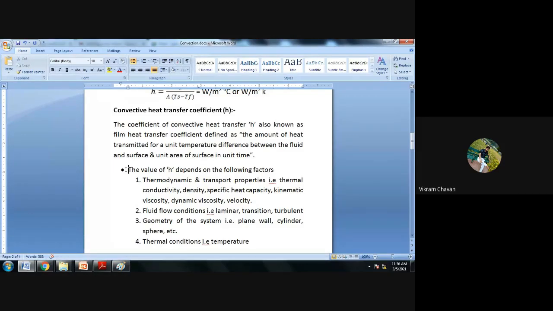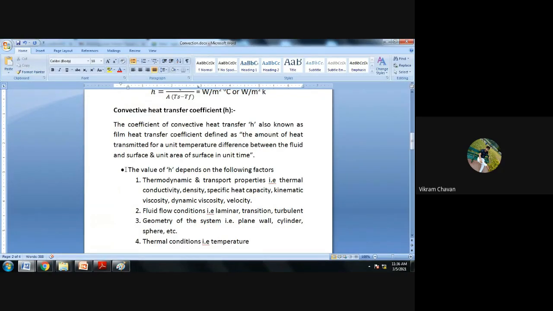Thermodynamic and transport properties, that is thermal conductivity, comma, density, comma, specific heat capacity, then kinematic viscosity, then dynamic viscosity, then velocity.